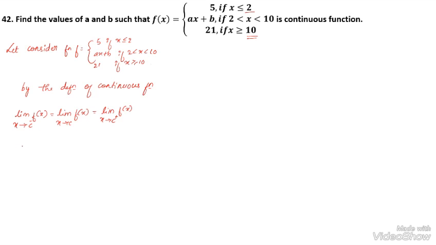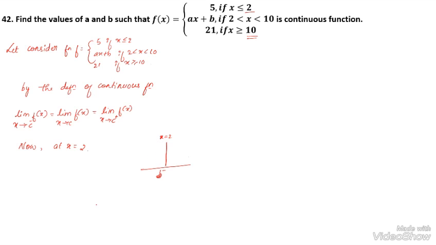Now check the condition at the point 2, that is at x is equal to 2, where x is less than 2 and x is greater than 2. The function at x is equal to 2 is 5.